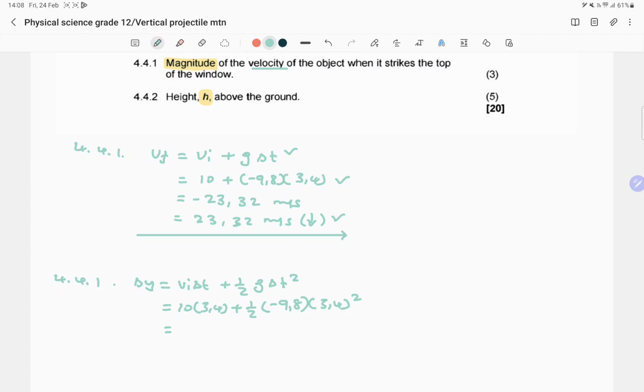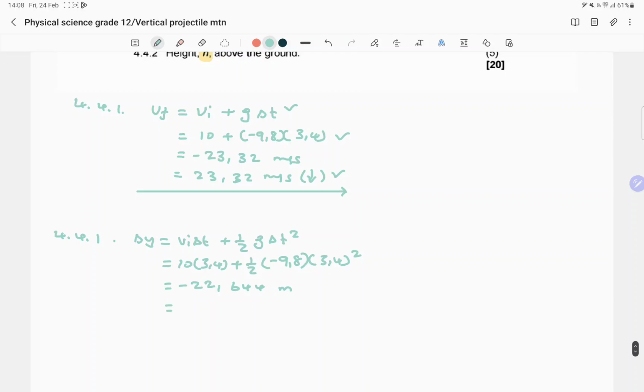Okay, not a problem. So this is 10 into 3,4 plus 0,5 into minus 9,8 into 3,4 squared. So what I'm getting here is minus 22,644 meters.